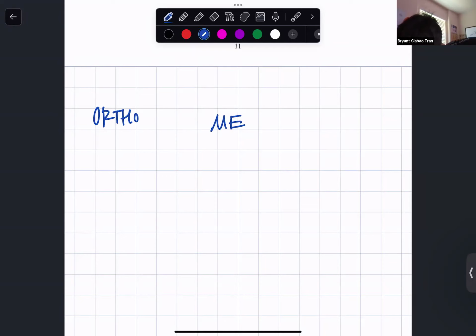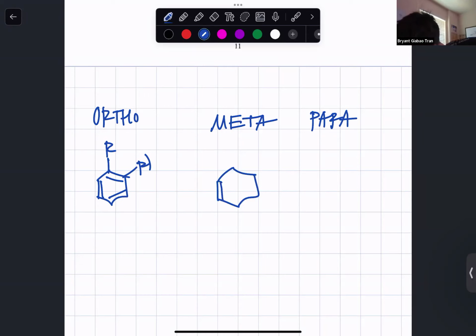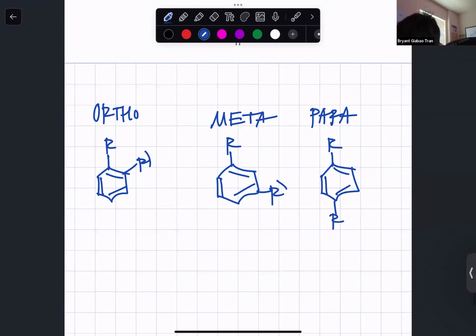Ortho, meta, para. If your 2 substituents are ortho to each other, they look like that. If your 2 substituents are meta to each other, they look like this. If your 2 substituents are para to each other, they look like that, right? And now I'm going to draw in the unique hydrogens for each.